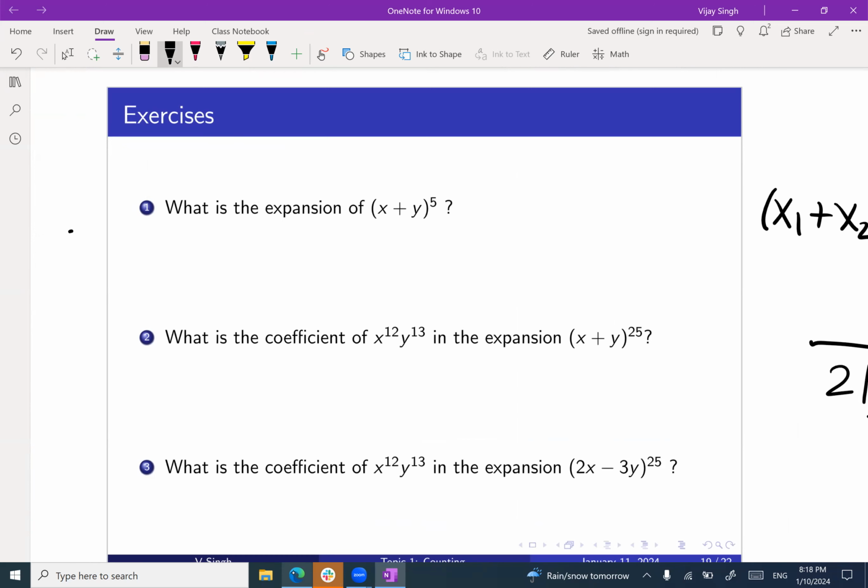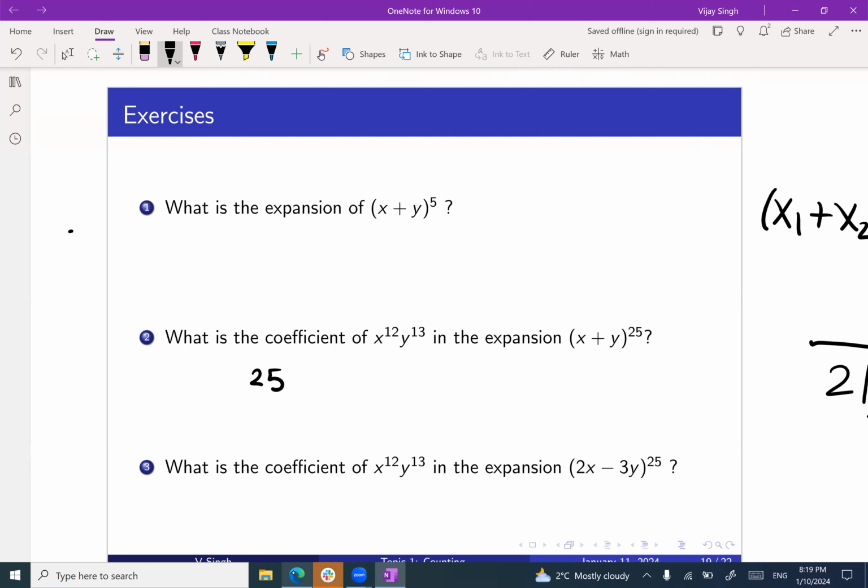What is the coefficient of x to the power 12, y to the power 13 in the expansion of x plus y to the power 25? So how do we go about it? You have how many boxes now? 25 boxes. And out of those 25 boxes, you have to decide whether you want to choose y or x. The answer is going to be exactly the same. So out of those 25 boxes, suppose I'm choosing x.